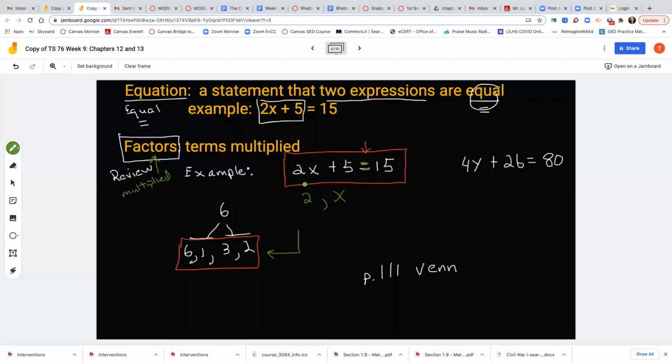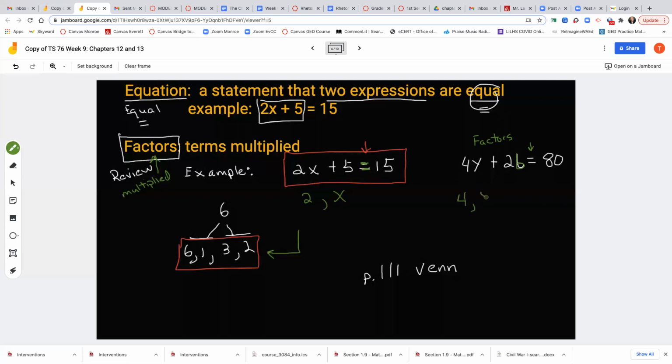Let's look at another example here. Sorry about my writing. This is supposed to be a B here, okay? 4y plus 2b equals 80. If they said, please list all the factors in this equation, because it's got equal, that's called an equation, I would write on my test or my homework: 4 is a factor, because I got 4 times y.